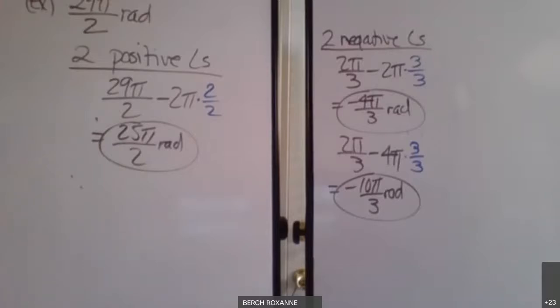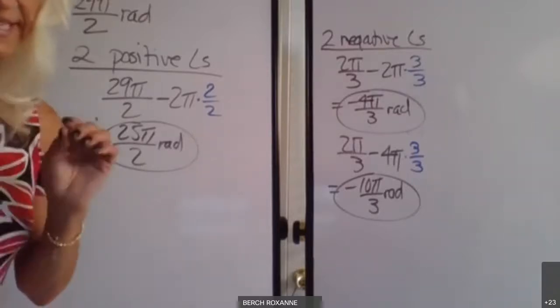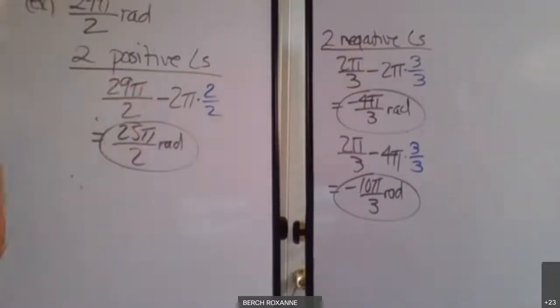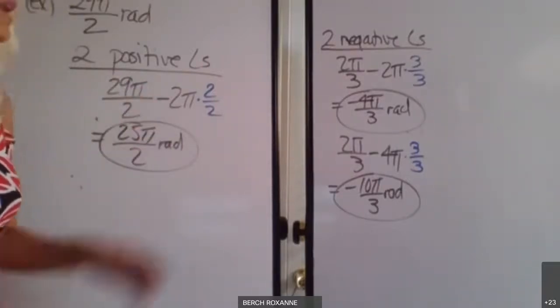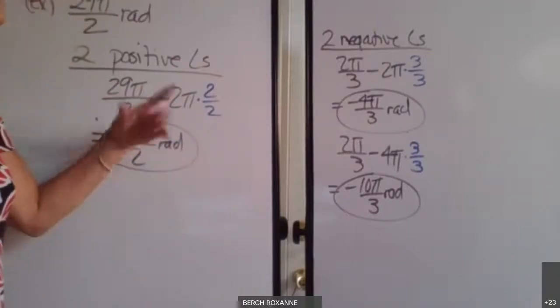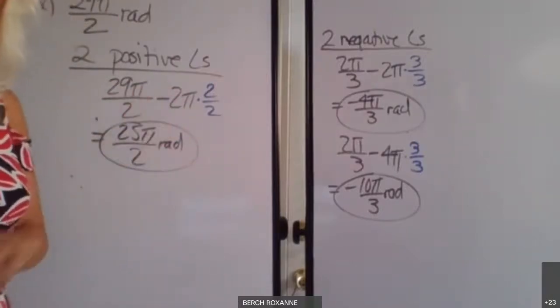So just be cautious that the key word is they want the nearest coterminal angles. If you add 2 pi, you're going to get one of them. But if you add 4 pi, that's not as good as subtracting 2 pi. Subtracting 2 pi would give you one nearer.